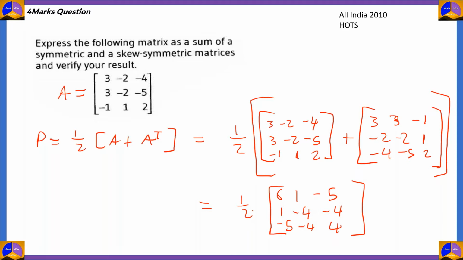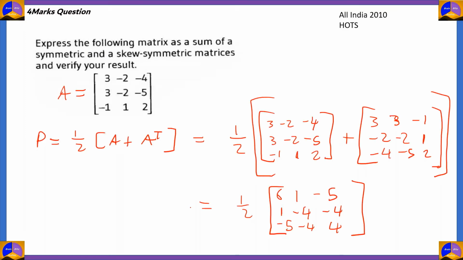Usually many people try to multiply half into here, but I like to keep it as it is because it's way simpler when we are solving it later. So now we know P as half times this matrix. Let's find P transpose.